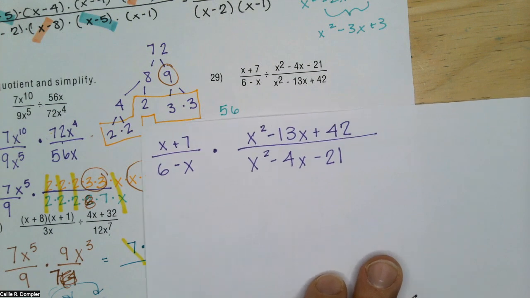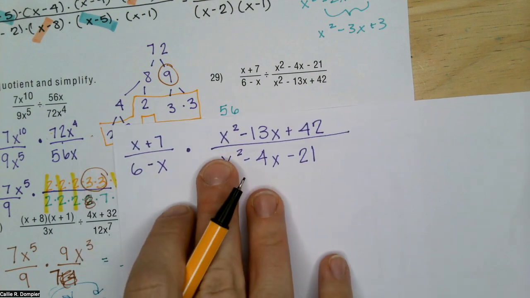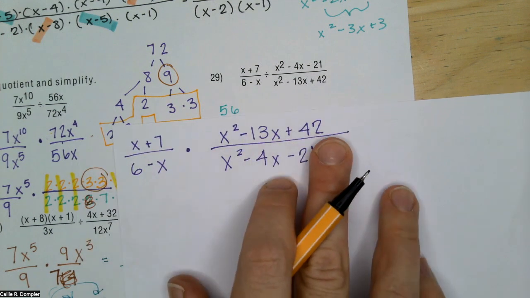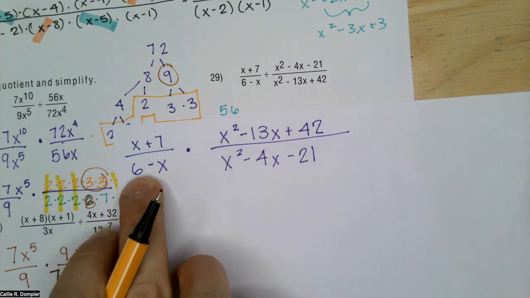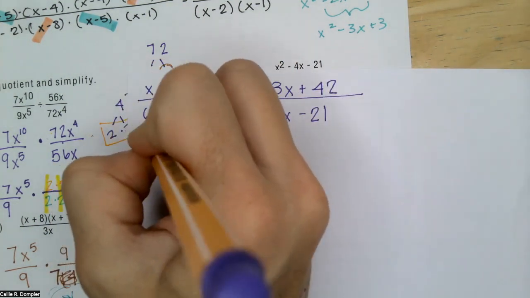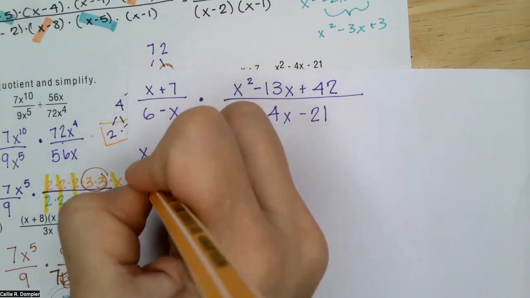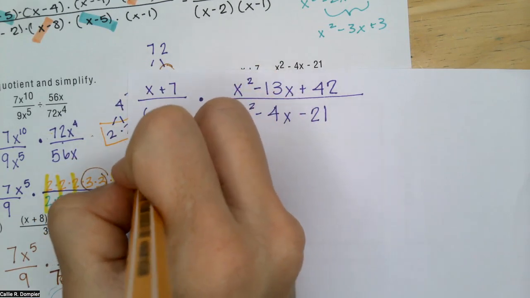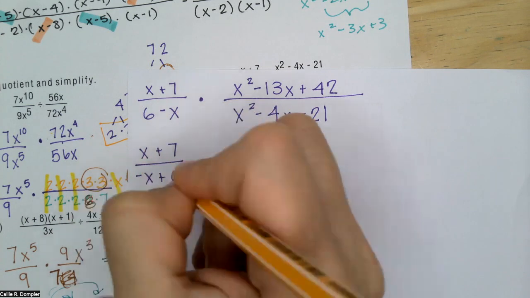Now we're seeing if we can factor x squared minus 13x plus 42, and hopefully it has a 6 minus x involved, which I guess I should have simplified. X plus 7, 6 minus x is negative x plus 6.